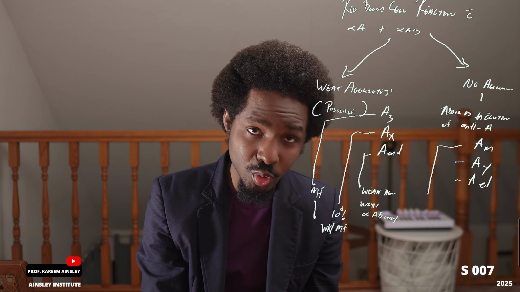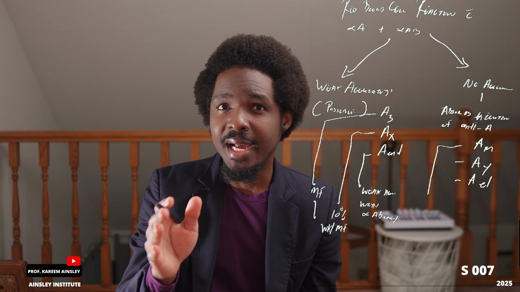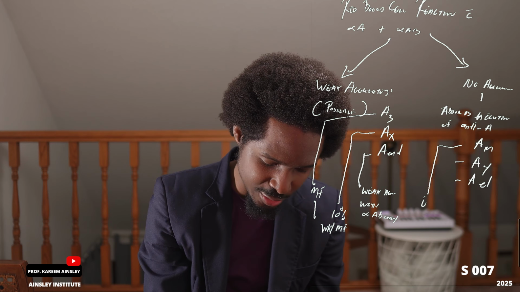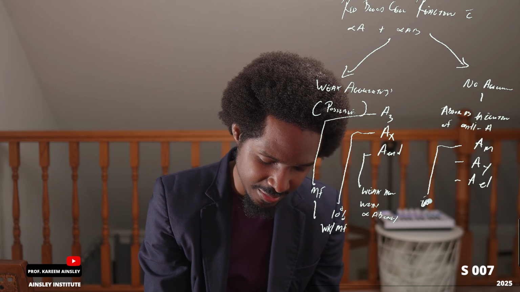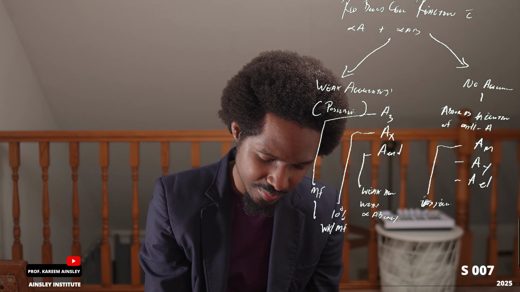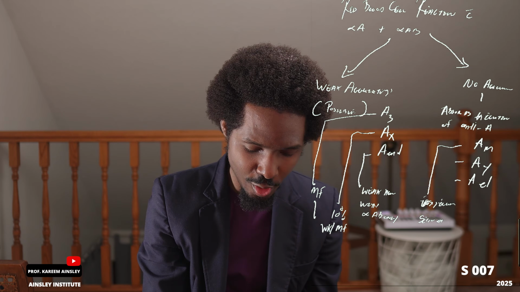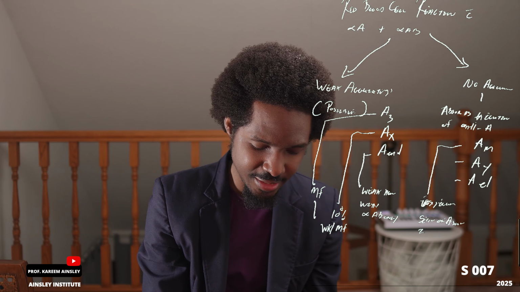So for AM, let's put it down. AM, we do the anti-A elution. This is easy elution. All right, and we have secretion of A substance in the saliva.